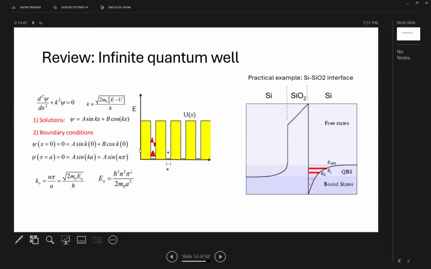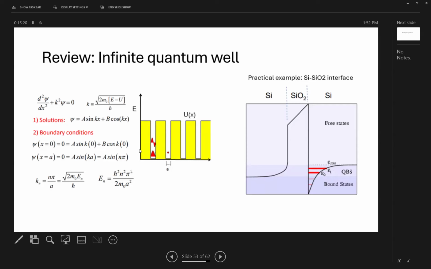So you see that at the very interface, when you apply a positive bias, it creates a particular triangle well. I'll try to draw it here. So in case of silicon dioxide and silicon, you will see that they create a certain triangular shape well.